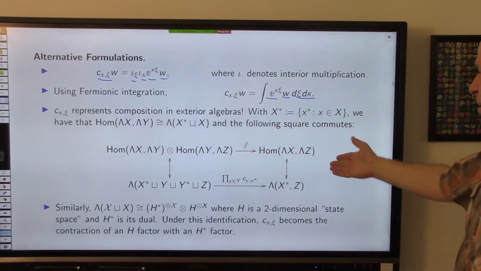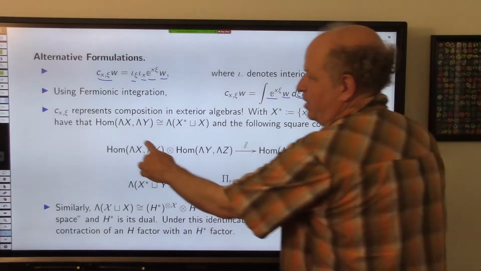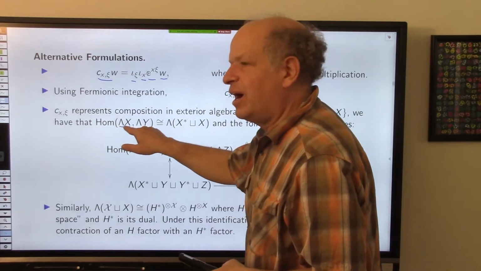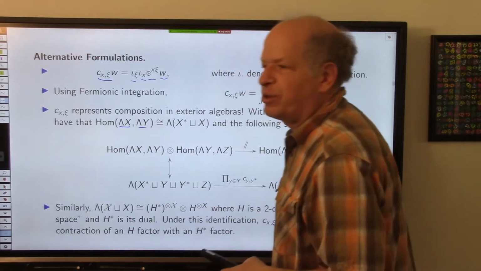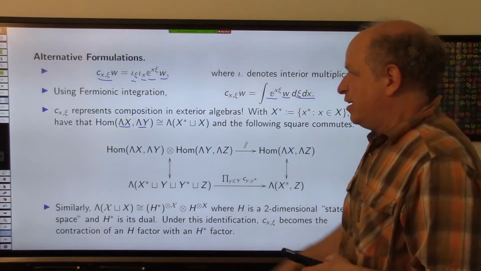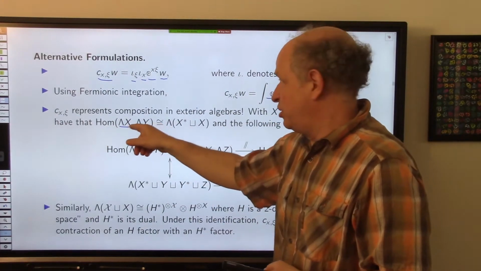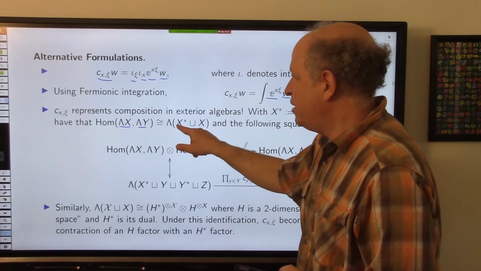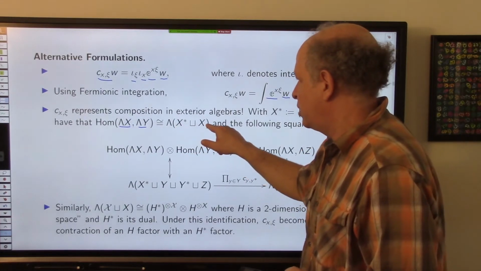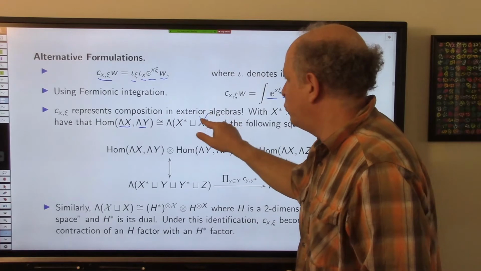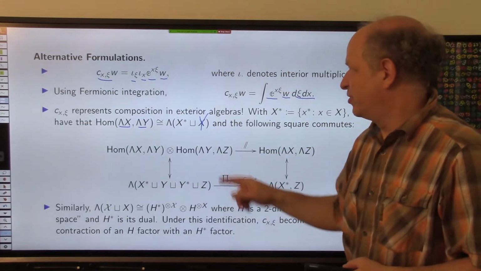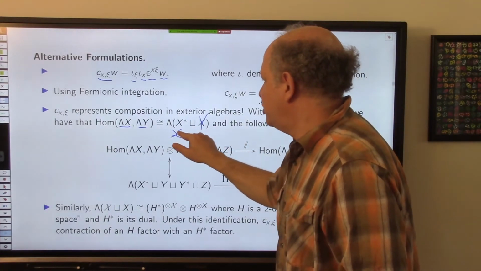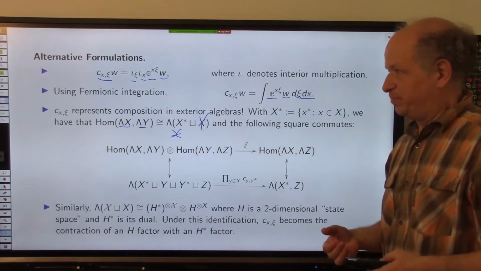But so basically, if you have a homomorphism between two exterior algebras, so the exterior algebra on x and the exterior algebra on y, then this homomorphism set is isomorphic to the exterior algebra in variables dual to x, and here it should be y, I'm sorry, the target space is y, not x, so that's a typo, where the dual of x is to be considered as these Greek letters.